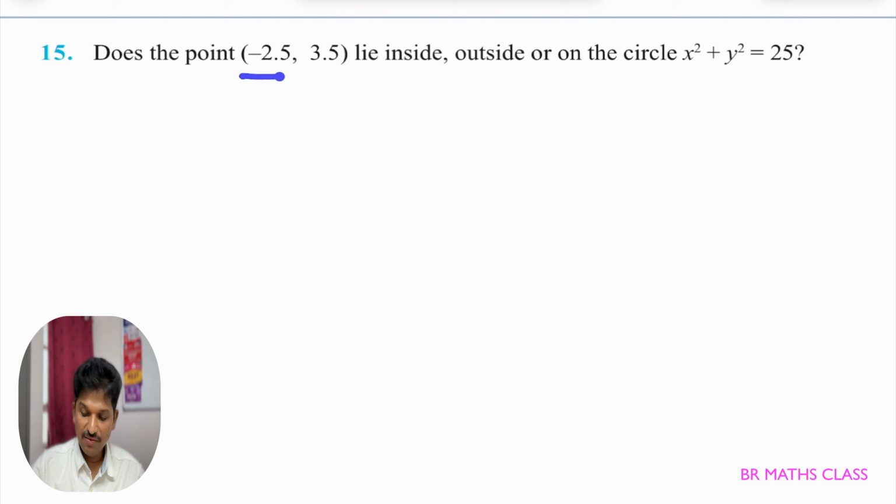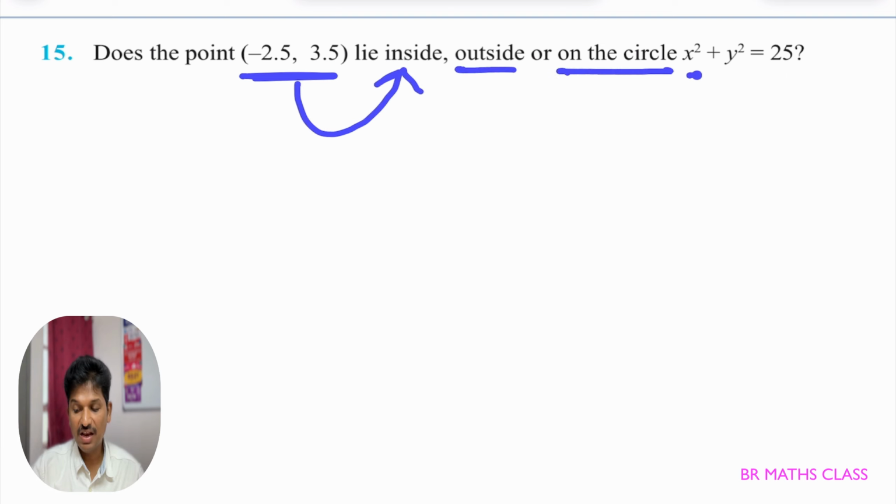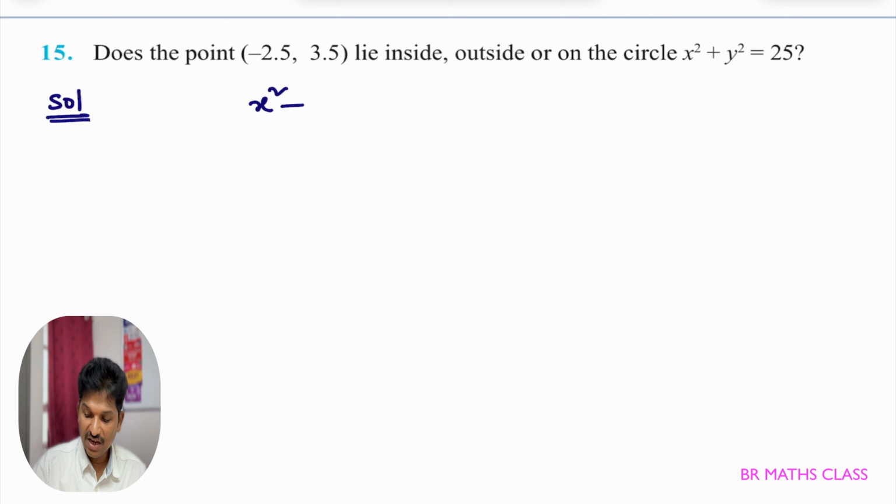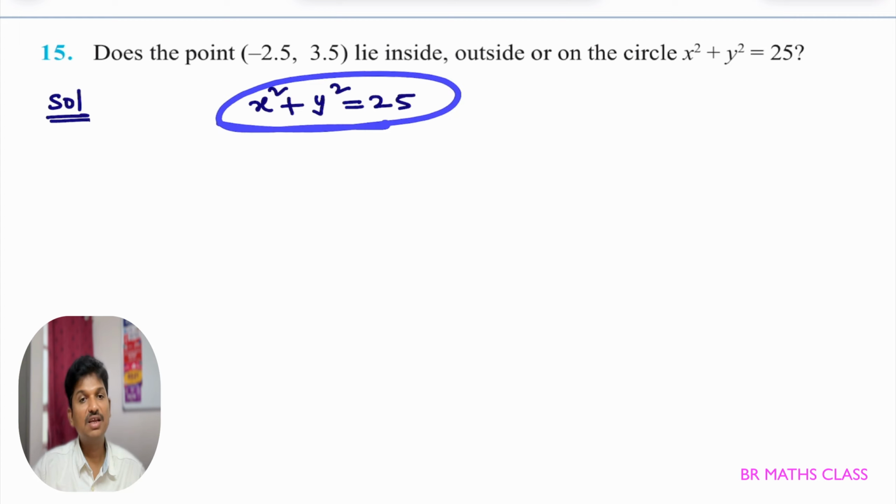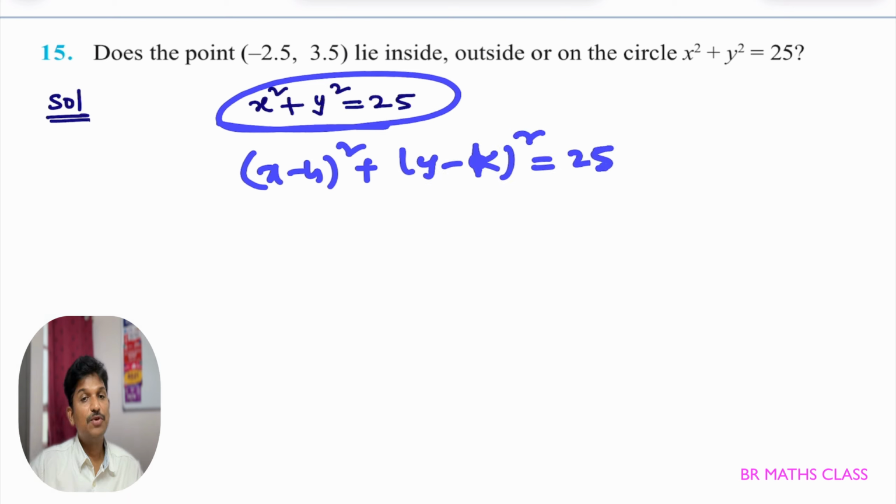Okay. They given one point. They are asking, does this point lie inside, outside or on the circle? First thing, given circle is x square plus y square equal to 25. What is center of this circle? I'll write this circle into this form so that we can easily decide its center.